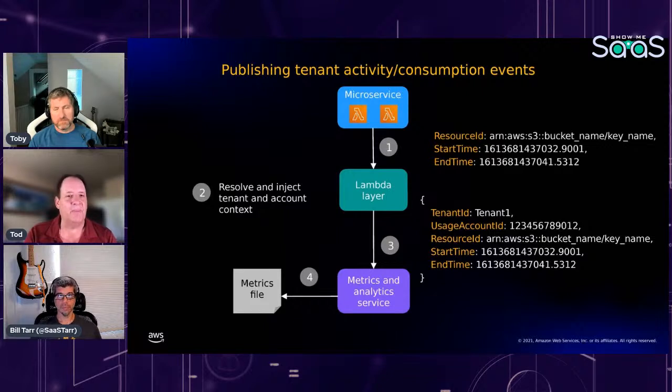So in this particular example, I had a microservice, some Lambda layer, looking at the event of what happened, building some sort of JSON message, and then sending that along to my metrics and analytics service, whatever that is, right? That could be an aggregator, it could be a data warehouse, it could be whatever.